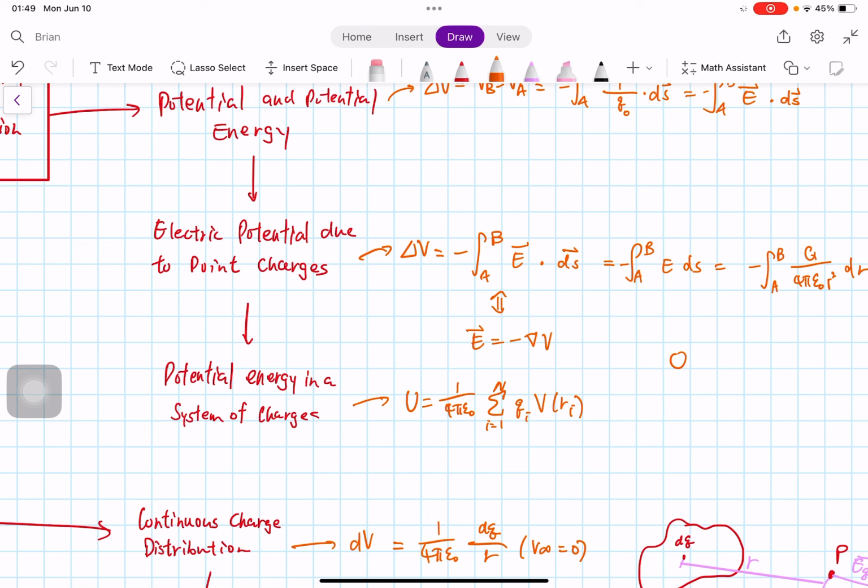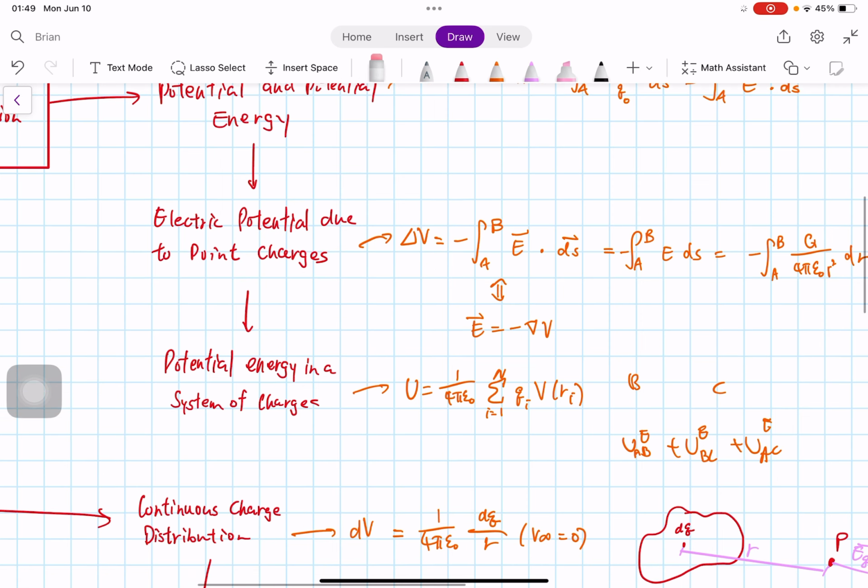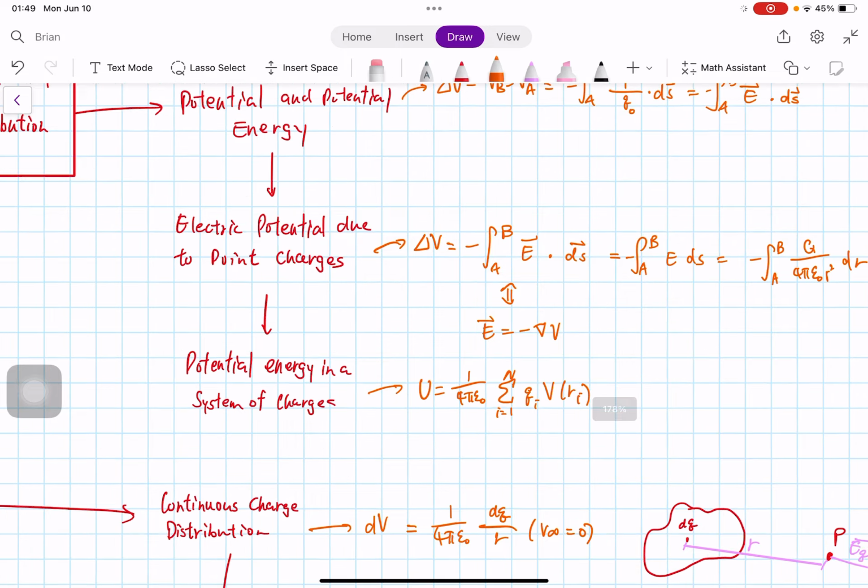Let's say we have point charges A, B, and C. The potential energy would be U_AB, the electric potential energy, plus U_BC, plus U_AC. And this is just a more complicated mathematical expression to indicate this concept.